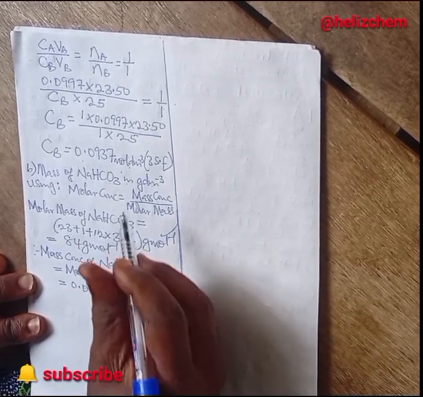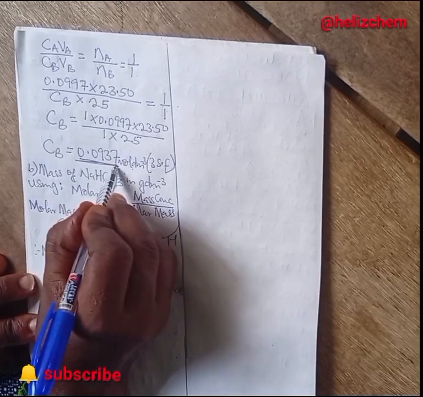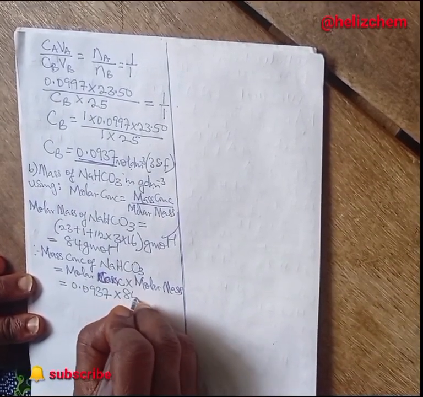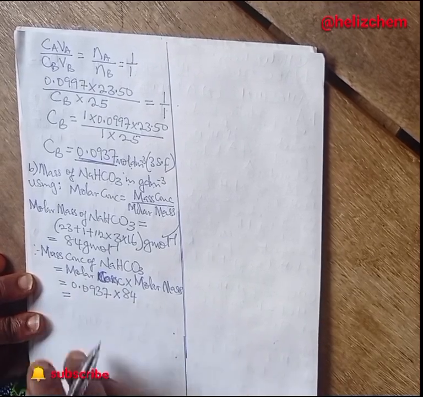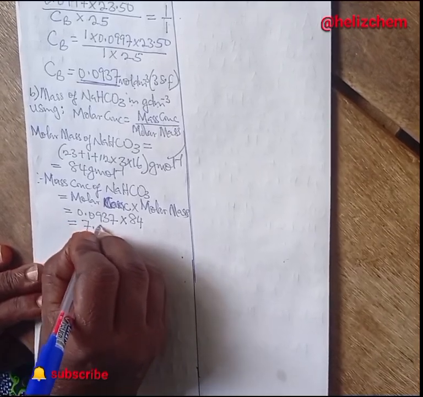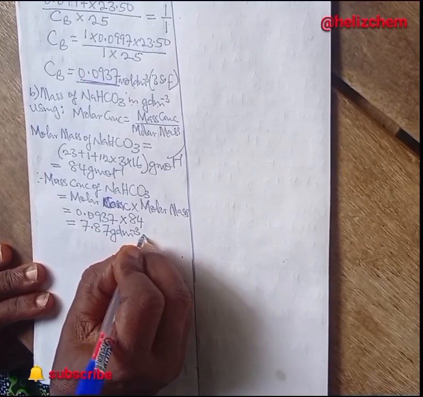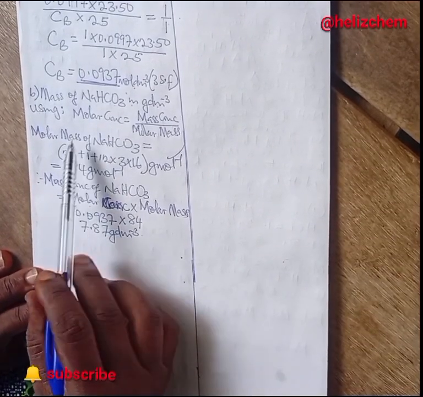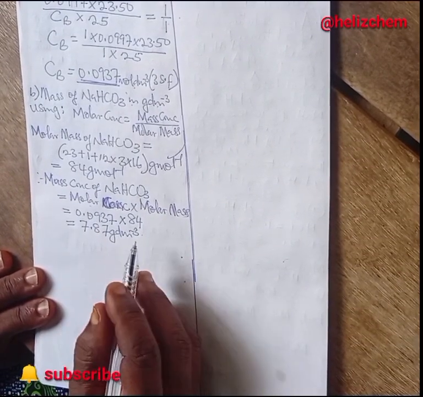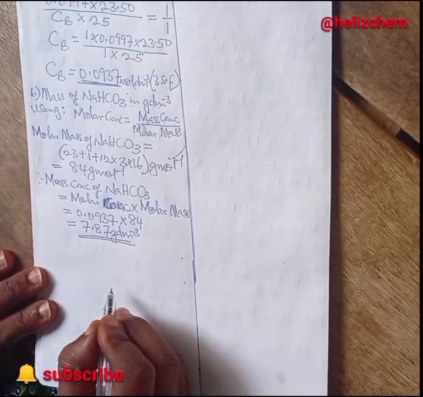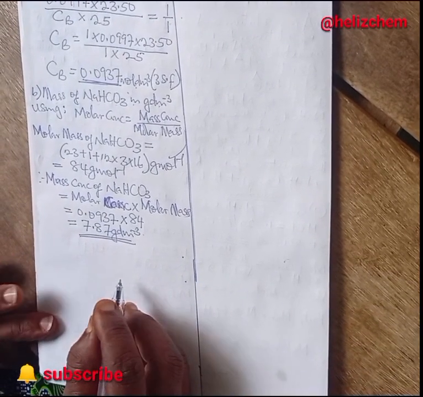That is our molar concentration that we got earlier, which is 0.0937 times 84, and that one will give us 7.87 gram per dm cube. So that is the mass of sodium hydrogen carbonate in gram per dm cube, 7.87 gram per dm cube.